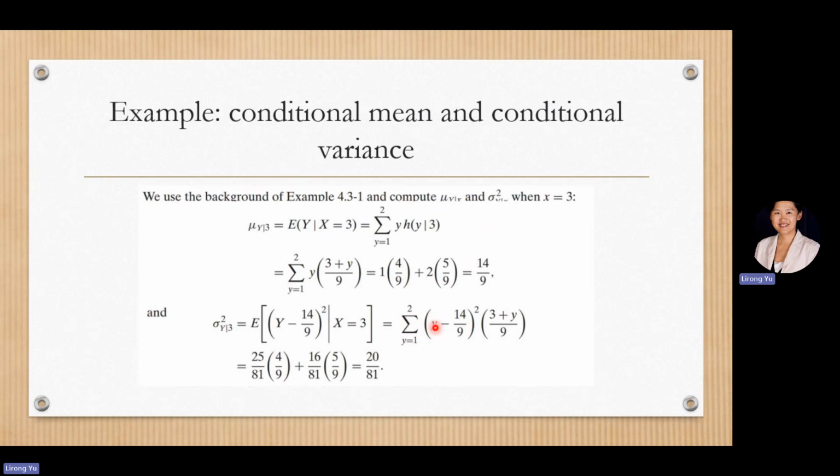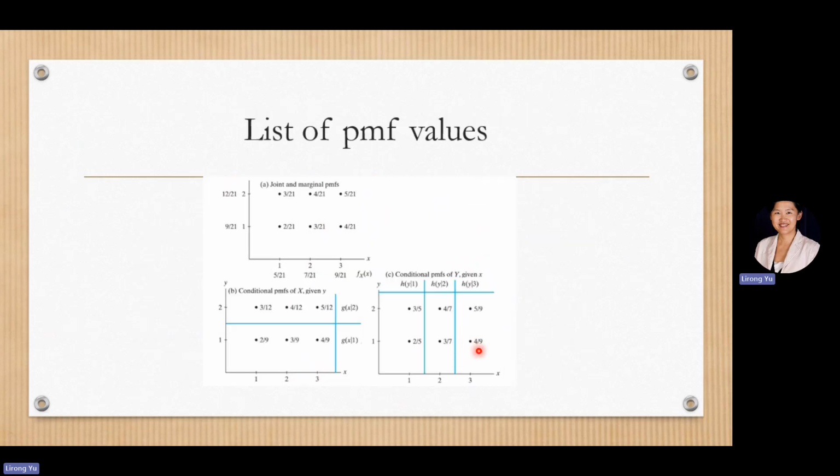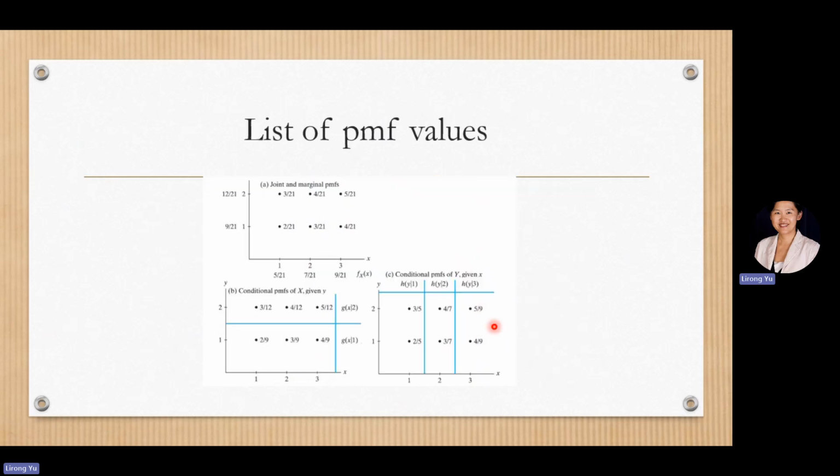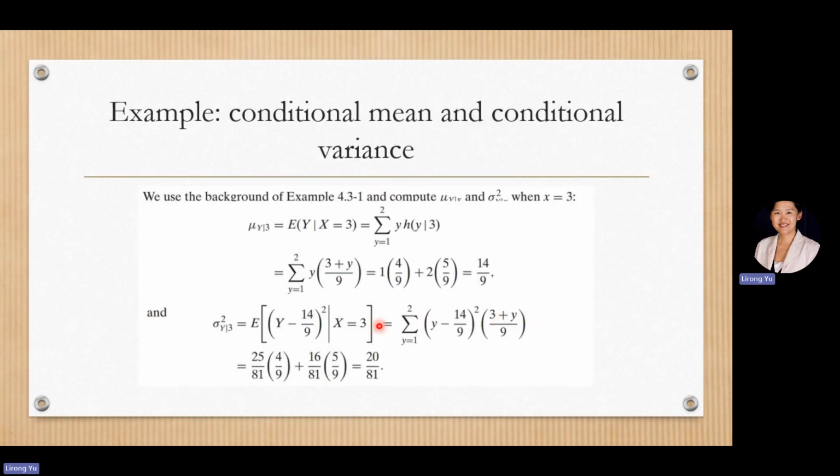For example, 1 minus 14 over 9 squared times 4 over 9, and then 2 minus 14 over 9 squared times 5 over 9. That's the 2 numbers. The total calculation will be 20 over 81. That's the calculation for the variance of y. Any question? It's conditional on x equals 3. That's the conditional mean and conditional variance.